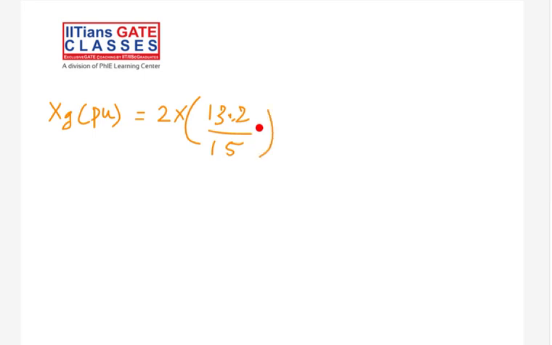So for a unit in the new value, it would be 2 into the base kV old, 13.2, divided by the new, 15, into the base MVA new, 200 divided by 150.